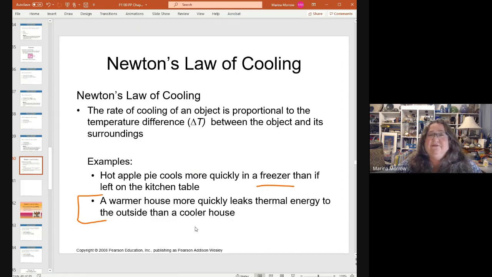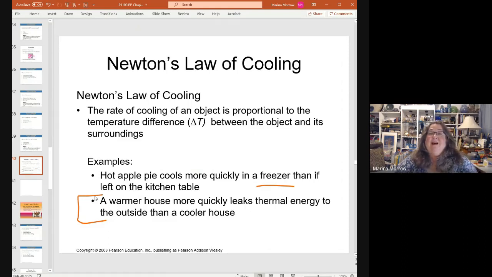So in other words, if your thermostat during the winter is set on 72 versus setting your thermostat on 68, the house that's set on 72 will radiate more energy outside. So it'll be more expensive to heat it at that higher temperature. Whereas the house at 68 is going to radiate less energy to the outside. So it's easier to maintain its temperature.